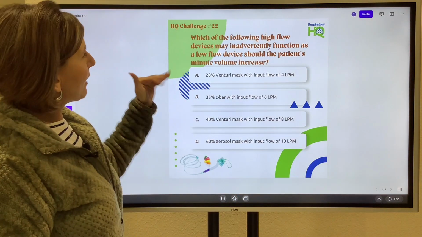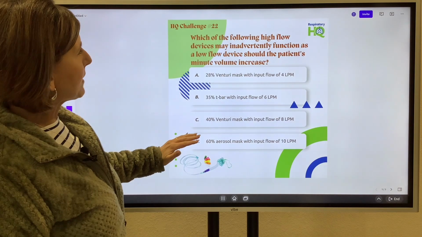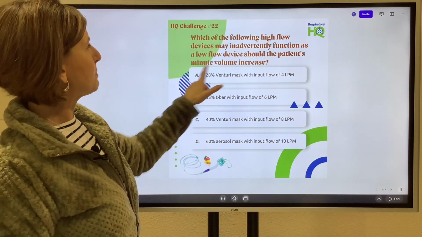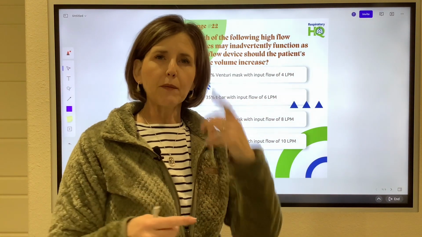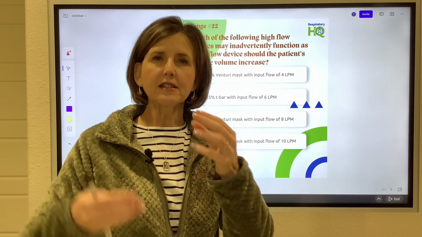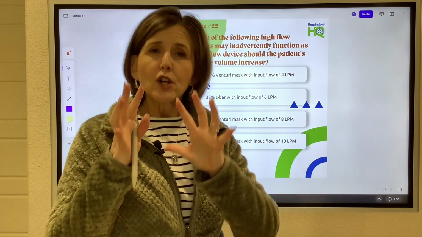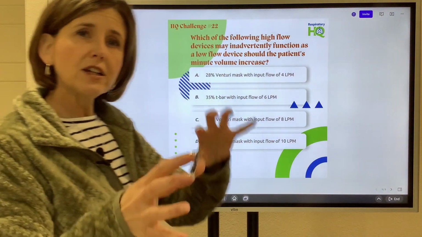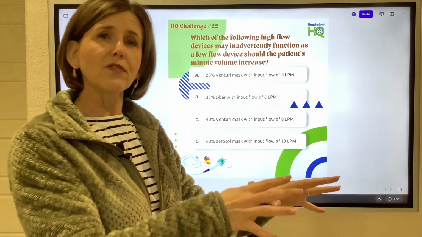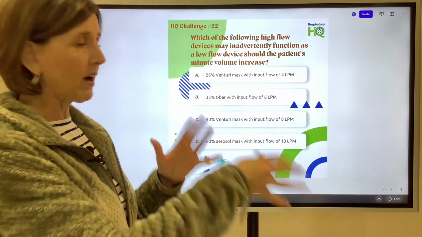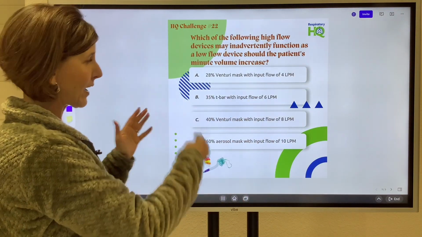And so if we have each one of these set up, and then all of a sudden the patient's minute volume increases, anytime respiratory rate or tidal volume increases, the speed at which that patient draws in a breath is going to increase. So these devices may inadvertently function as a low flow device if we're not aware of what's going on and how they work.